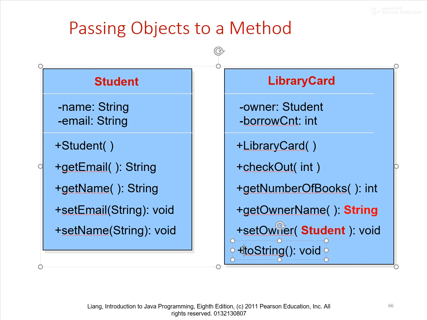And then we have something else. This is kind of special. This is a method called toString. The toString method is one of those methods that every class already contains.